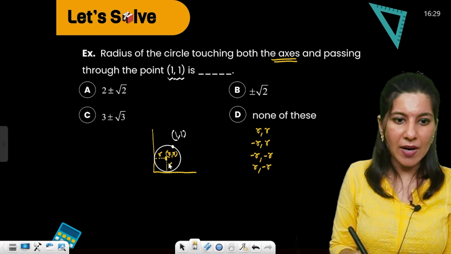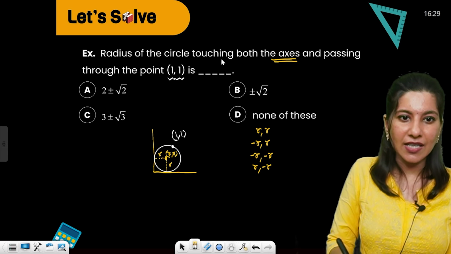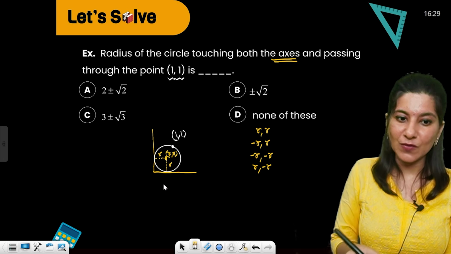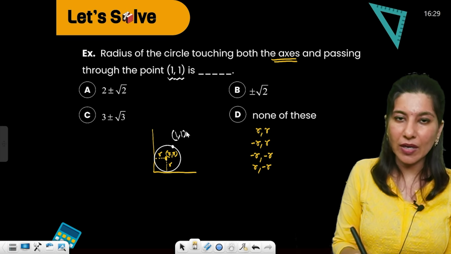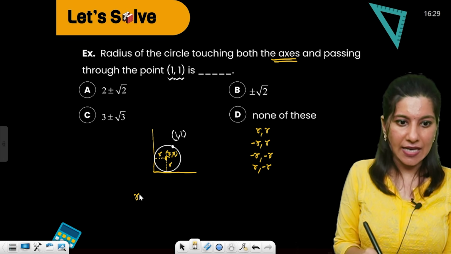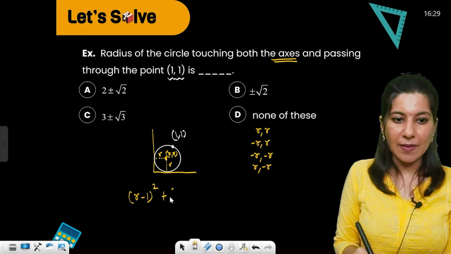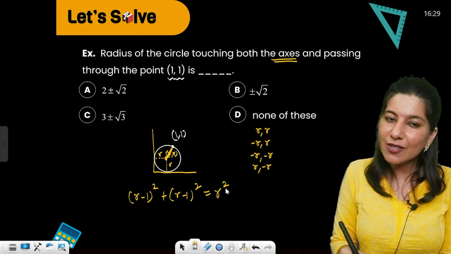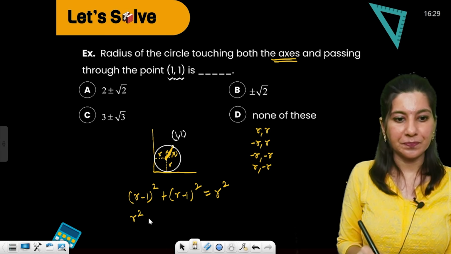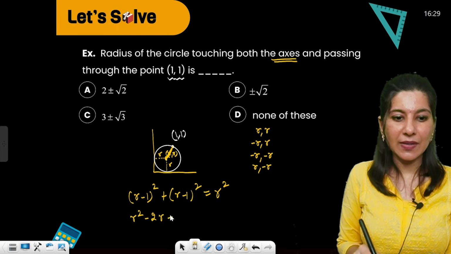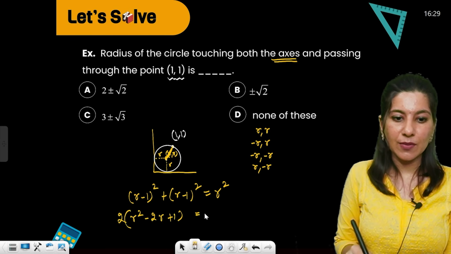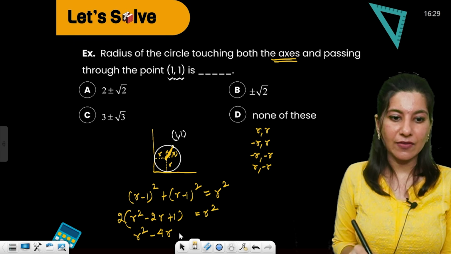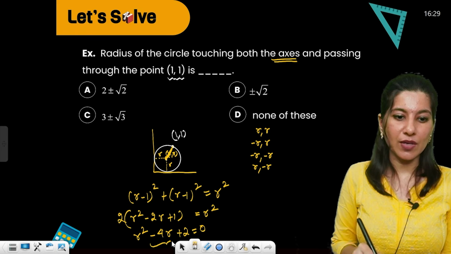So if R, R is the center of the circle touching both the axes and passing through the point 1, 1, can I calculate the distance between R, R and 1, 1? Yes: (R minus 1) whole square plus (R minus 1) whole square. The distance between these two points is nothing but R square only. So 2(R minus 1) whole square equals R square, that is, R square minus 4R plus 2 equals 0. Now you have to solve it.